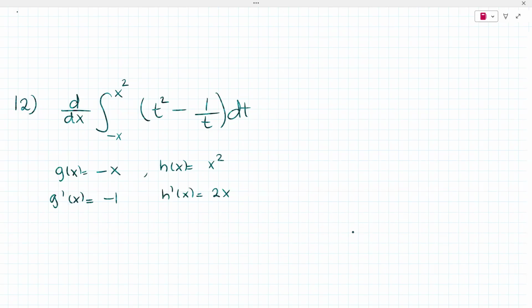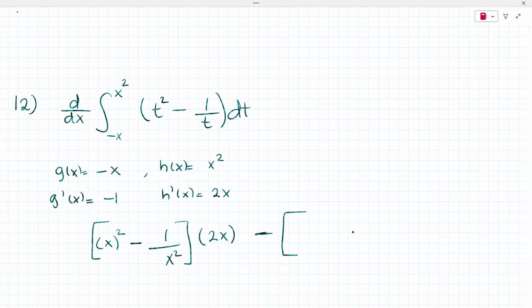So what you're going to do is replace t with h of x, right? So it's going to be x squared minus 1 over t, which you replace with h of x, that would be x squared, times the derivative h prime of x, which is 2x, minus, in brackets, you replace t with g of x, right?